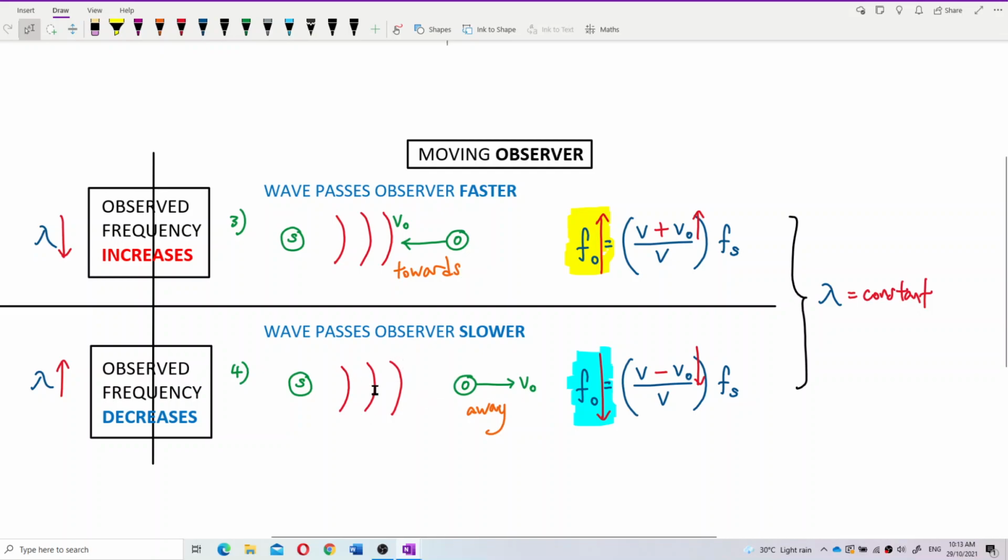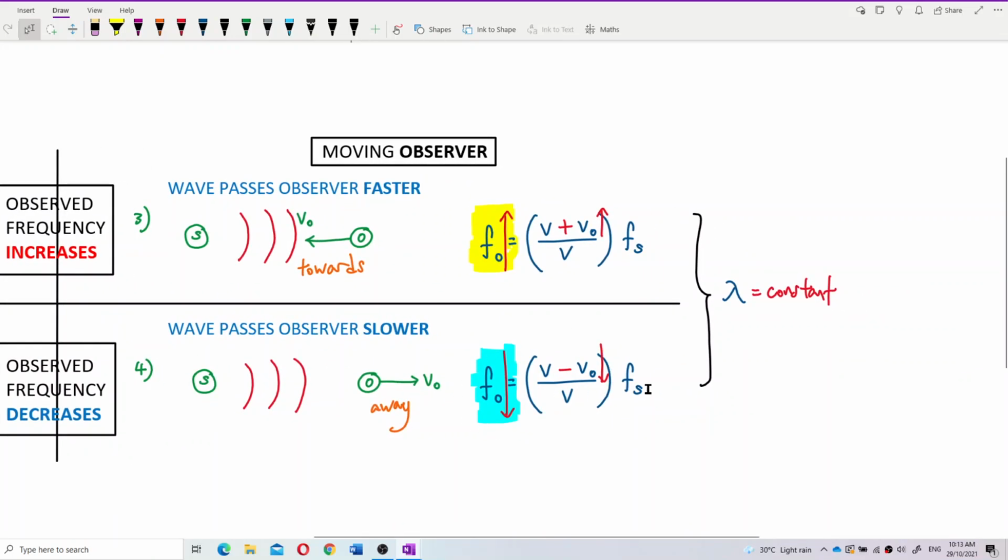If you are moving away from the sound wave, the wave passes through the observer much slower. So the frequency heard by the observer should decrease. Understand or not? Because the wave passes through the observer slower, the observer will hear a lower observed frequency.